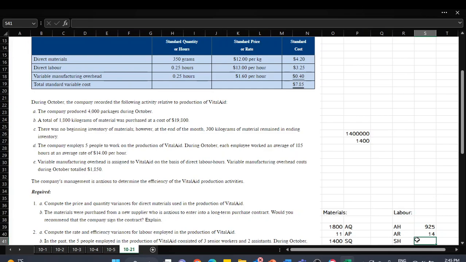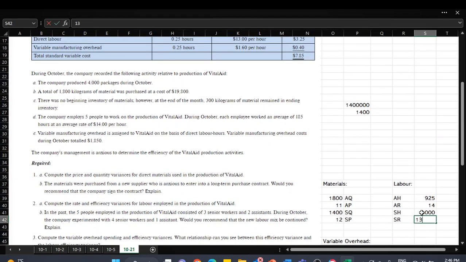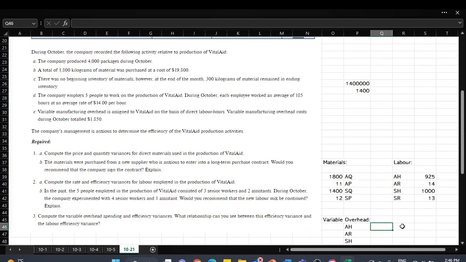Our standard hours, we have to go back to our chart. We know that we have 4,000 packages and that they should require 0.25 direct labor hours each. So our standard hours should be 1,000. And our standard rate given to us in the chart is $13 per direct labor hour. Now we have everything we need to do our labor variances.